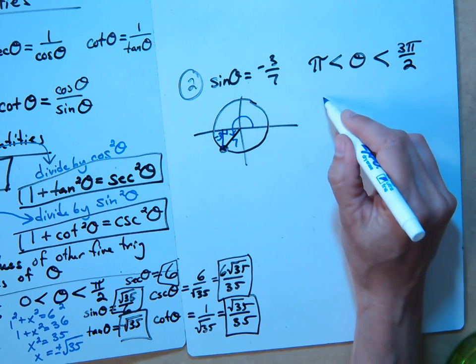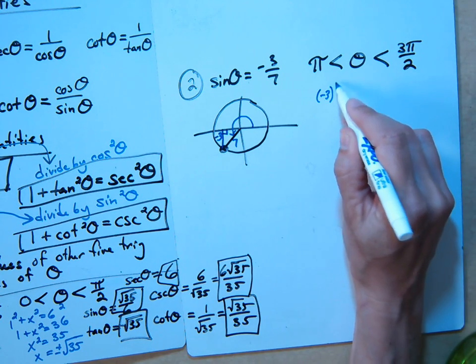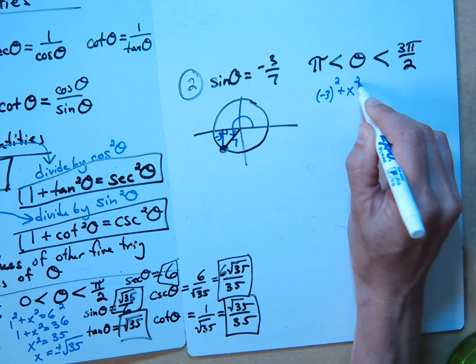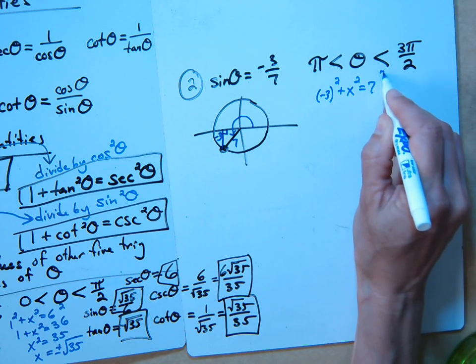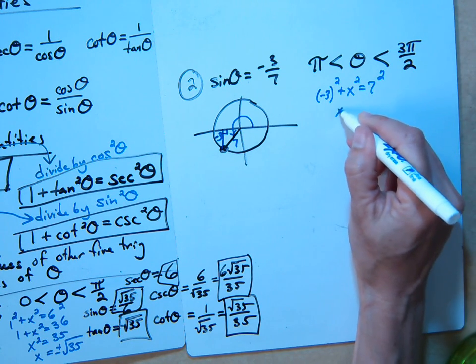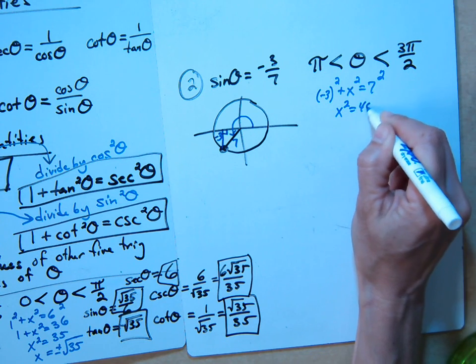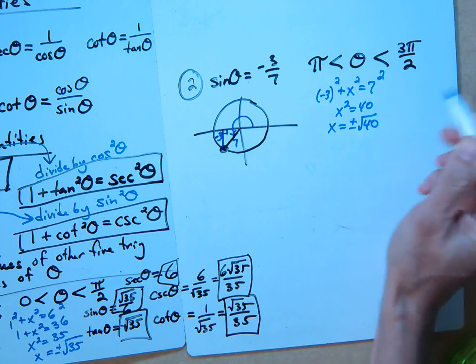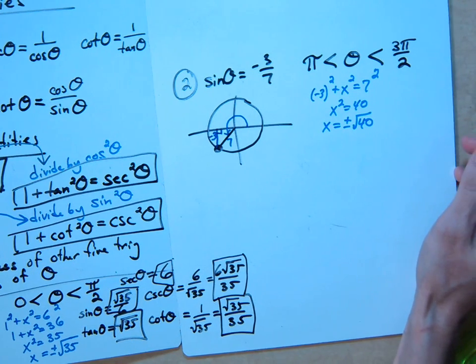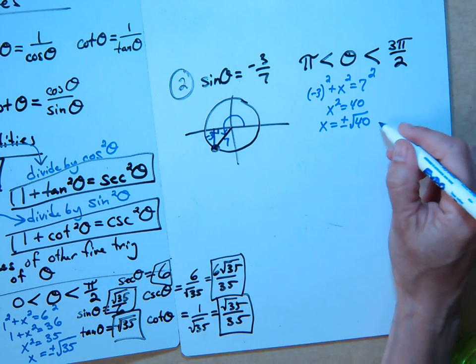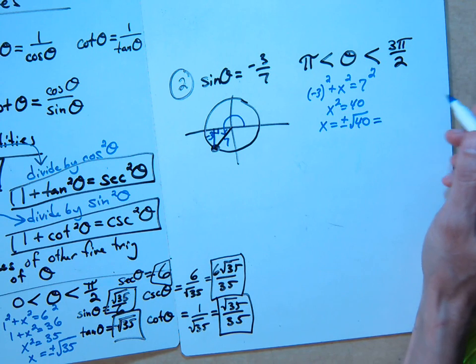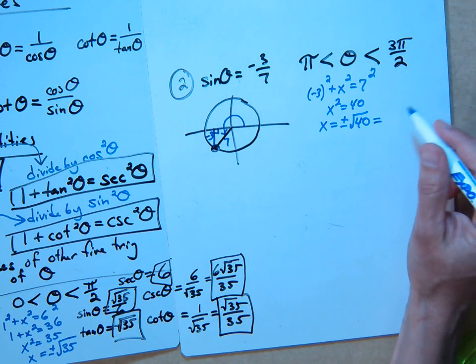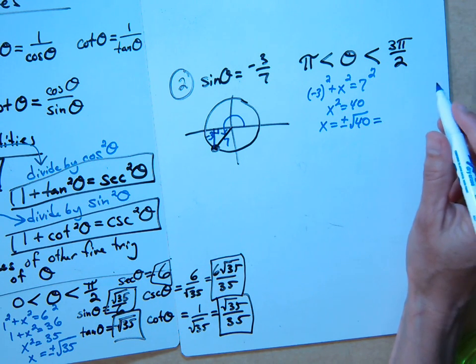And then we do a squared plus b squared equals c squared. So what you'll get is x squared equals 40, or x is plus or minus the square root of 40. So let's review simplifying that. What's the perfect square in 40? 4. So it's 2 root 10.